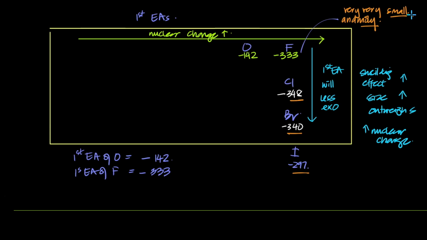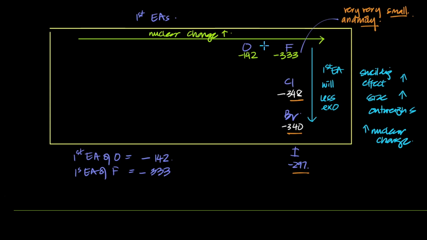So we tend to ignore that, but everything else is the same. Now another thing, let me tell you, sulfur. Sulfur is just before oxygen, and sulfur's electron affinity is supposed to be lower than oxygen's, but because period 2 is smaller, we have that problem. We have some anomaly.